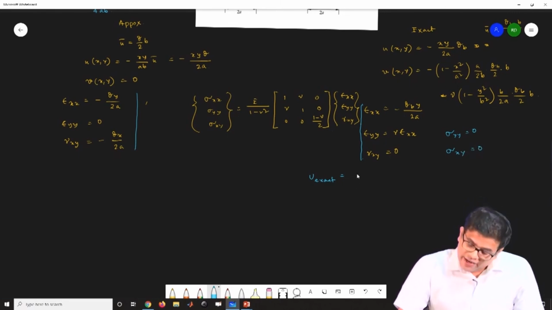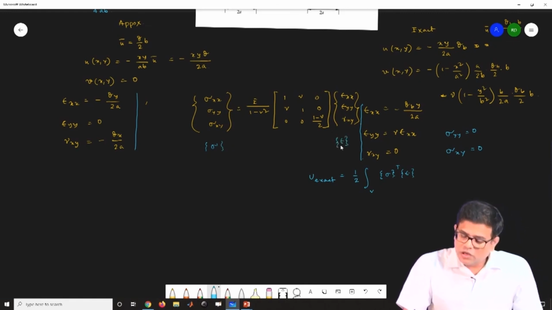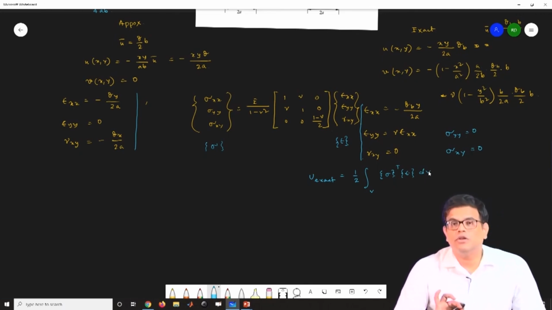So if I write my strain energy, it is the integral over v of sigma transpose epsilon, where this is my sigma vector and this is my epsilon vector. Now only the epsilon xx term will be there.